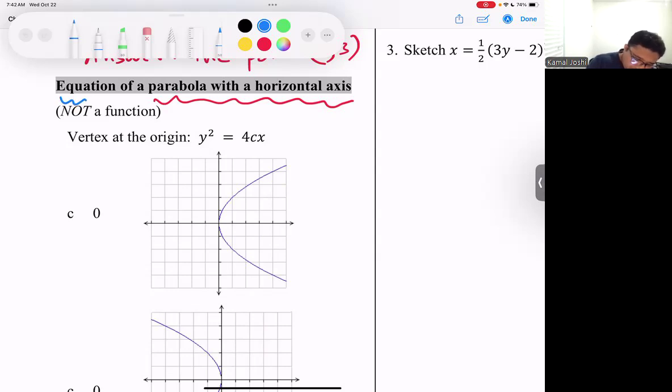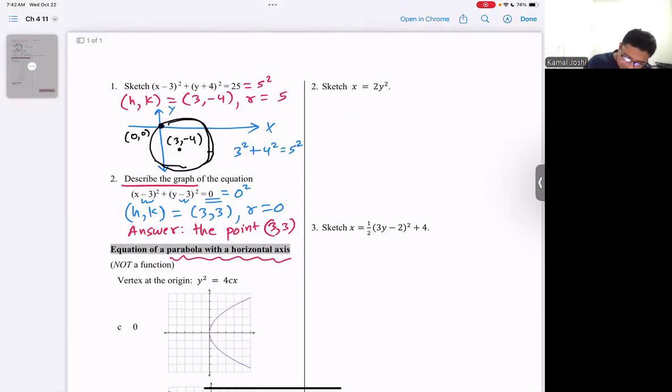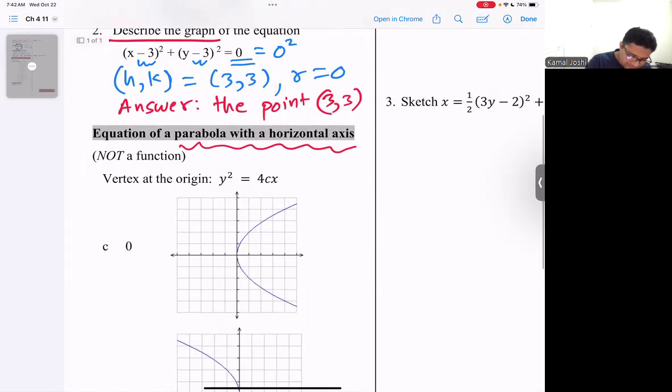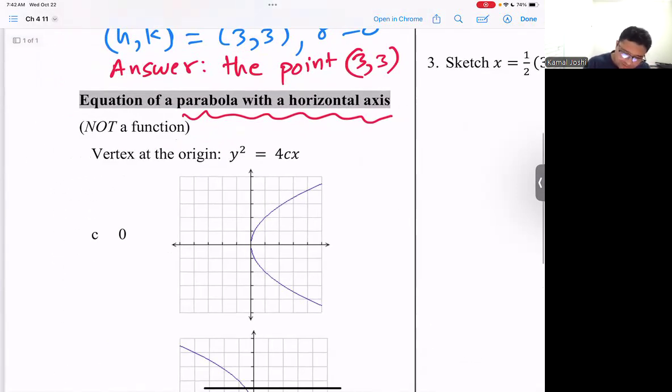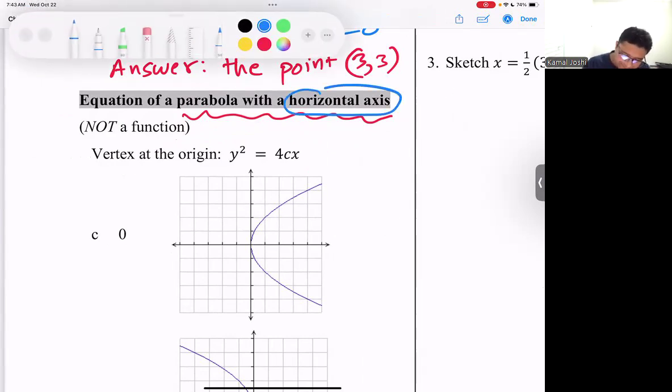The parabolas that have horizontal axis. So you see this parabola here, and its axis is the x-axis, right? Axis means the line of symmetry, okay?